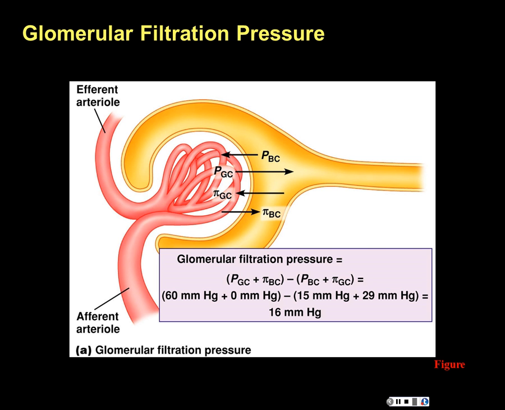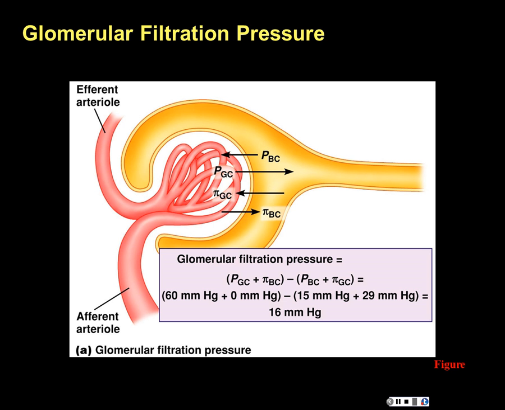That creates a traffic jam, if you will, a blood pressure traffic jam. Okay, so you've got a lot of blood entering, but it's exiting at a slower rate. So there's a buildup at the capillaries, which is good because the capillaries are porous. Okay, so the escape route is not necessarily the efferent arteriole. Right? Some substances will escape, if you will, be filtered out.